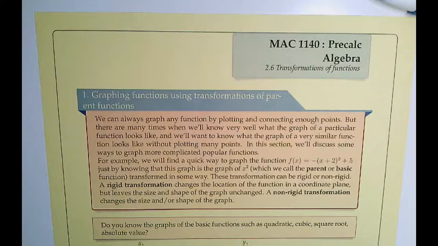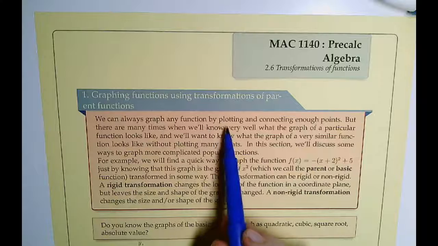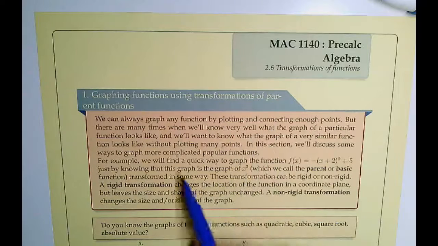Alright, so in this next section, 2.6, we're going to look at transformation of functions. And what this means is, well, since we can't use the calculator again, how are we going to graph more complicated functions? You can always graph a function by plotting enough points and then connecting the dots, and then you'll see the shape of it.